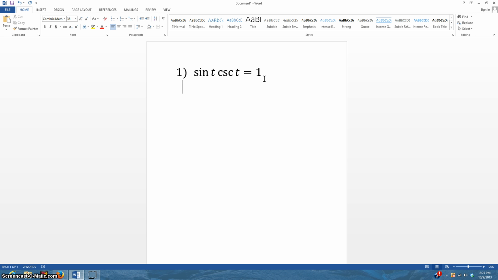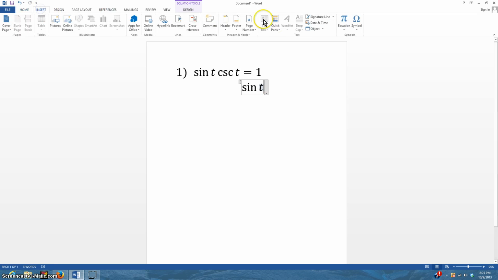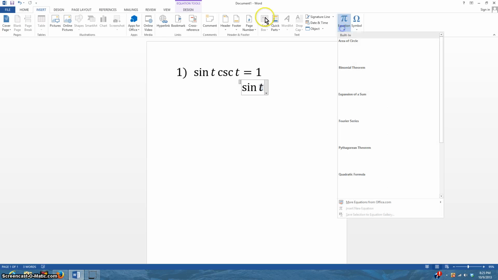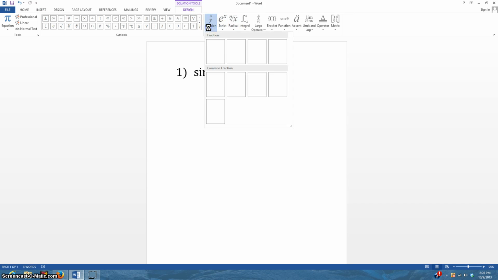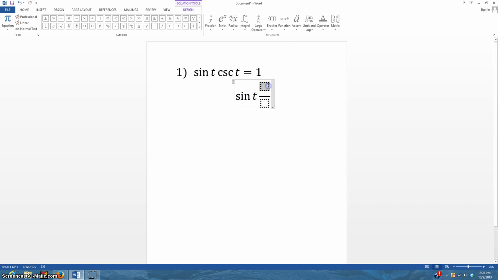Alright, so let's start off with sine of t. Sine of t is already correct. Cosecant of t can be rewritten as what? Alright, cosecant of t can be rewritten as 1 over sine of t. So let me go ahead and quickly type that up.